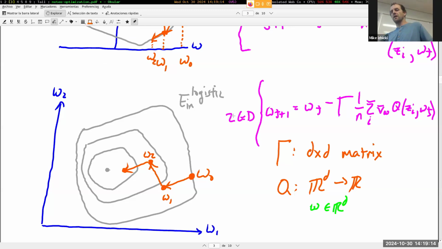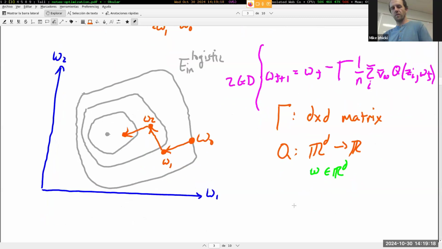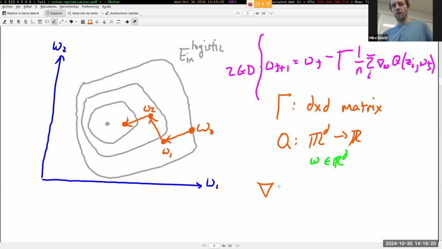The gradient with respect to w of Q is going to have shape R^d into R^d. This is a general property of gradients in a multidimensional space: if you take the gradient of a scalar valued function, you get a vector as the result.